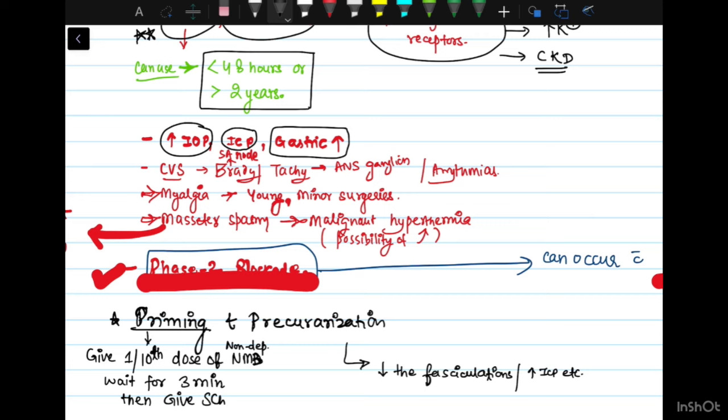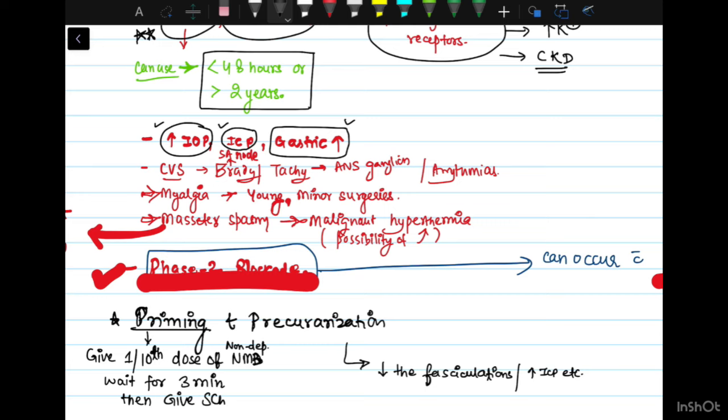But remember, all of these effects, increase in IOP, ICP, or gastric pressure, are mostly because of the fasciculations. The fasciculations of succinylcholine are something that you should try to inhibit. We will see in a while how to inhibit those fasciculations, but this is because of those muscle contractions that you see after giving succinylcholine, which lead to increase in these pressures.